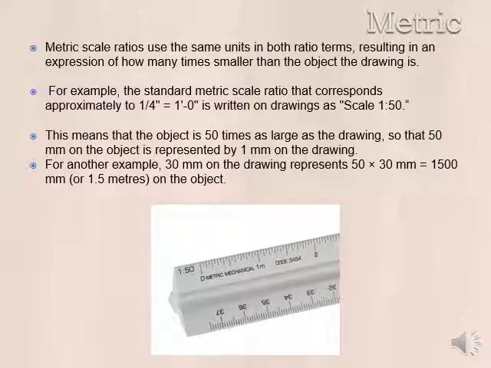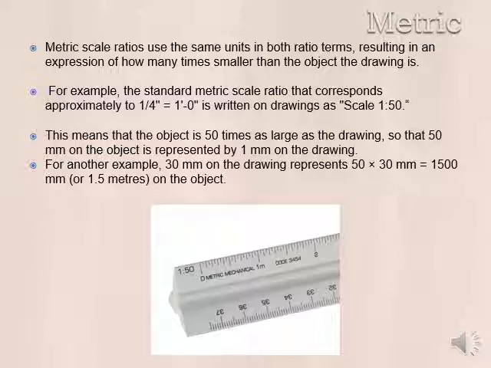Metric scale ratios use the same units in both ratio terms. For example, the standard metric scale ratio that corresponds to approximately 1/4 inch equals 1 foot is usually drawn scale 1:50. This means that the object is 50 times as large as the drawing, so that 50 millimeters of the object is represented by 1 millimeter on the drawing.